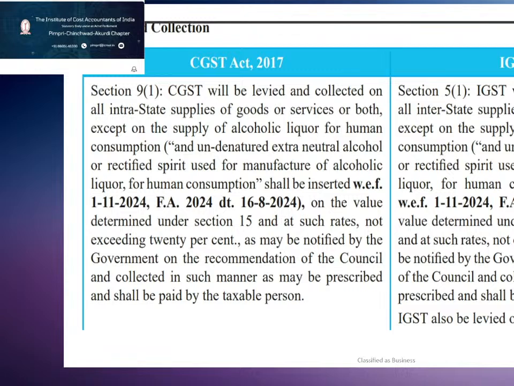Then the last one is related to the purpose of determining the tax payable by a person. The expression turnover in state or union territory shall not include supplies from the first day of April of a financial year up to the date when such person becomes liable for registration under this Act.